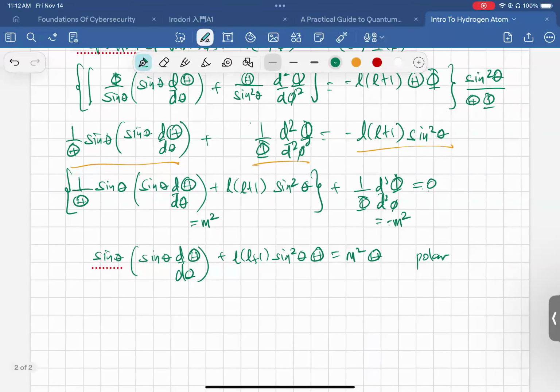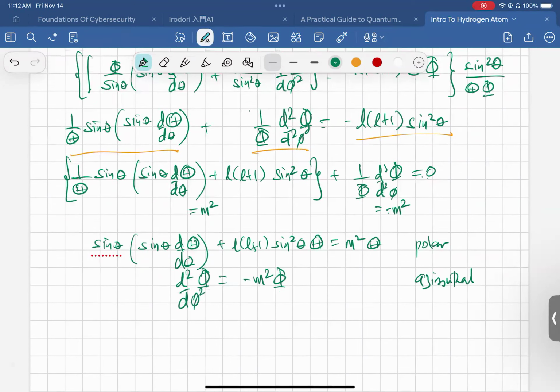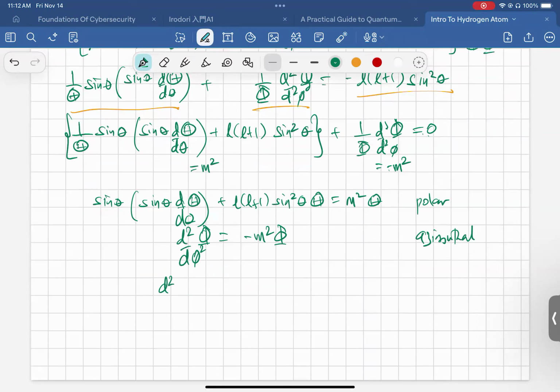And then the second one is d squared d phi squared capital phi equals negative m squared phi. So this is the azimuthal, along the xy plane. And this is actually easily solvable. You can see it's nothing but this.